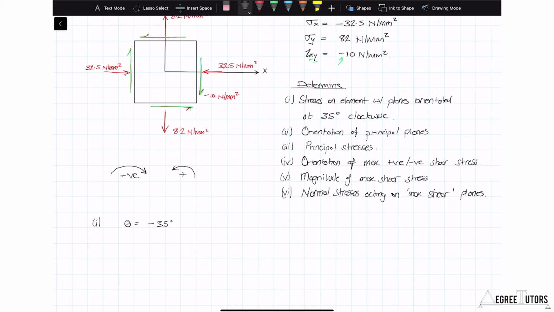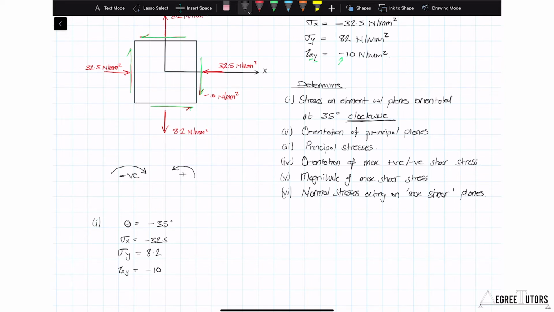Okay, so we prescribed a clockwise rotation here, which means we're going to plug in a negative 35 into our transformation equation. And then the rest of the values we sub in are sigma x equal to minus 32.5, sigma y equal to 8.2, and tau xy equal to minus 10.